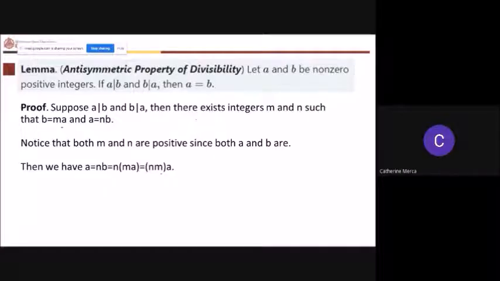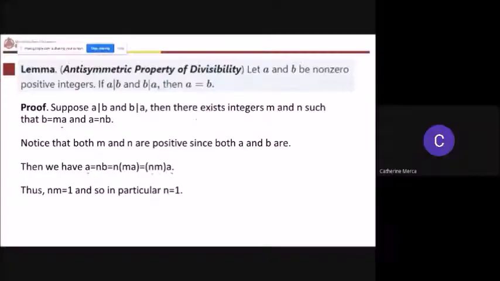So meaning to say, nm equals 1. It cannot be another integer because a equals a. So that means to say itong nm na 'to is equal to 1. So in particular, at this point, n equals 1, and you come up with a equals b.